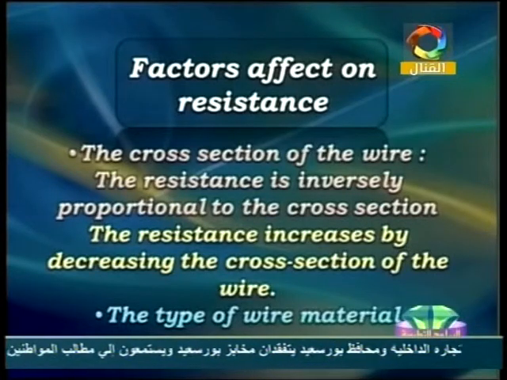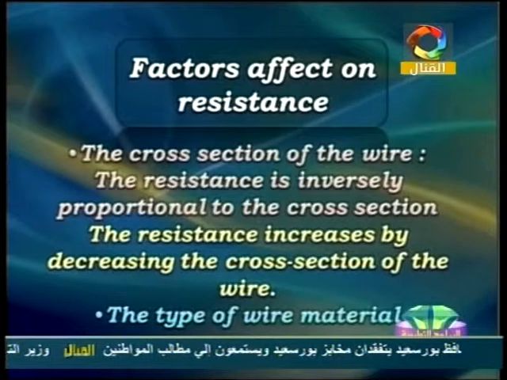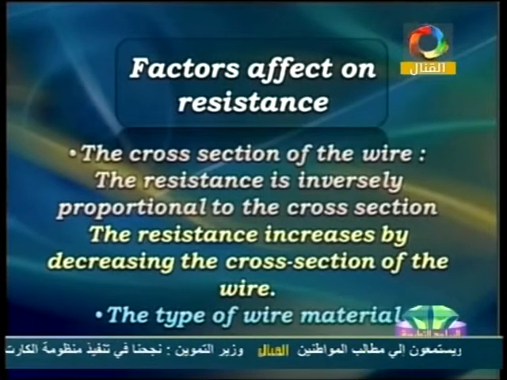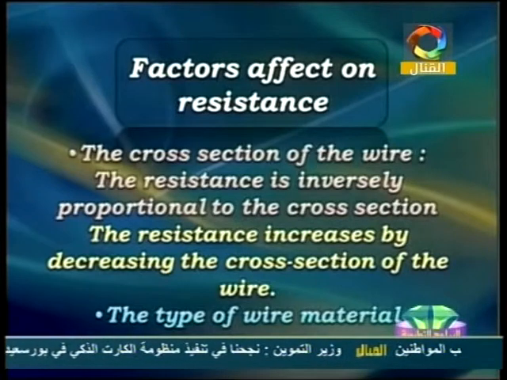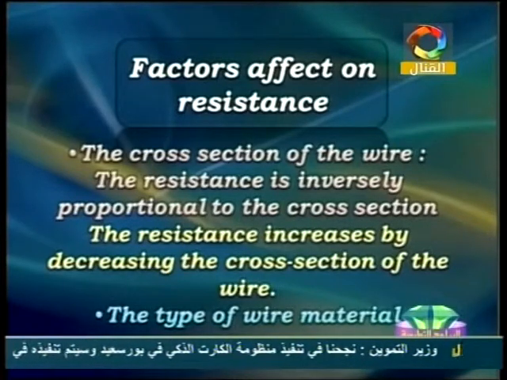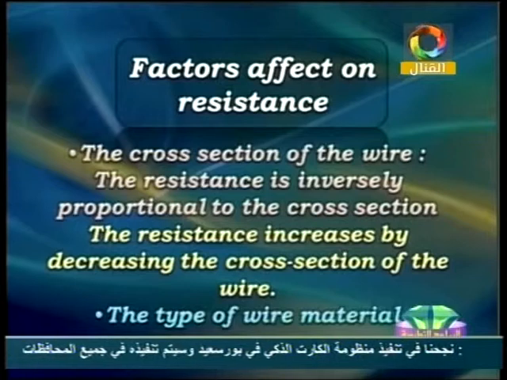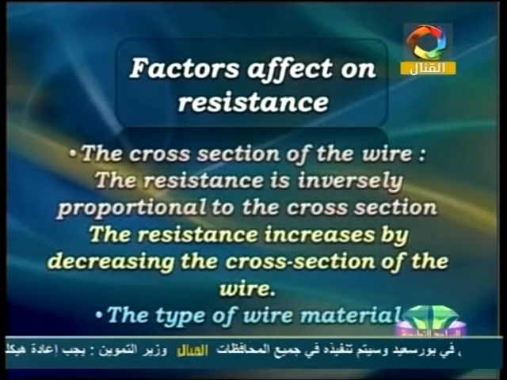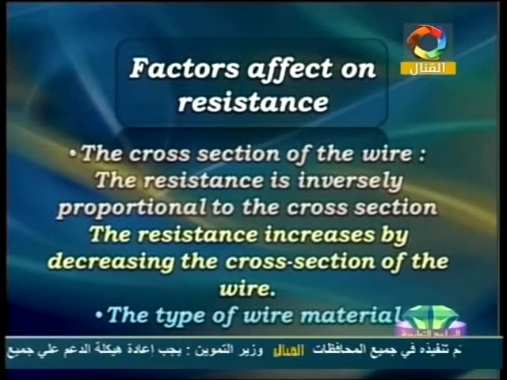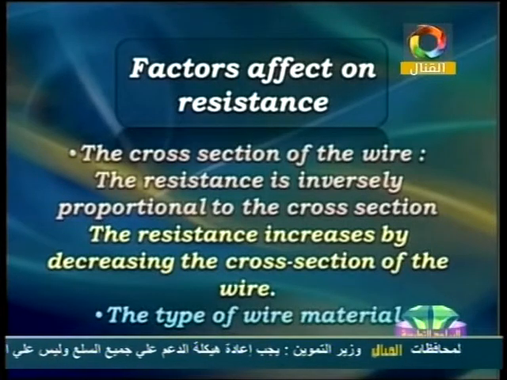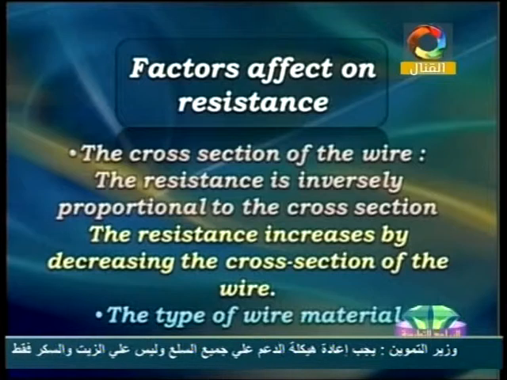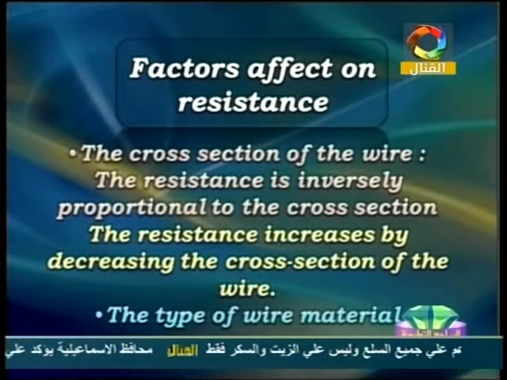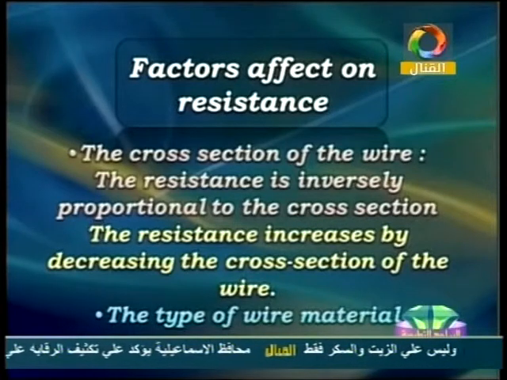Because if I have a very thick wire, it has a very small amount of resistance. And if I have a very thin one, it has a very high amount of resistance. So the resistance increases by decreasing the cross section of the wire, and the type of wire material that we said before.